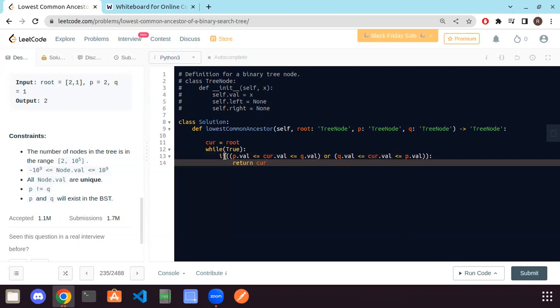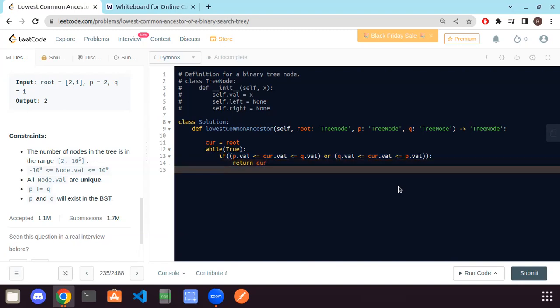So basically this part is scenario 3. Either one of P or Q equals cur, or you have the split. In that case, like I mentioned before, you just return the node at that time.